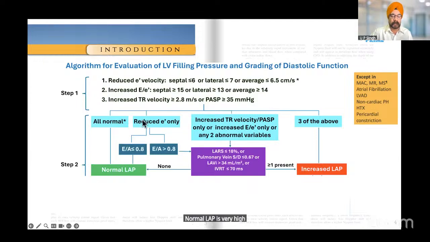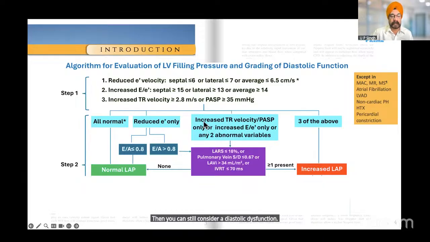Let us presume only the E prime wave is abnormal and the other two are fine. Then in case E to E prime is okay, it is normal. If E to E prime is more than 0.8, then you can still consider a diastolic dysfunction.